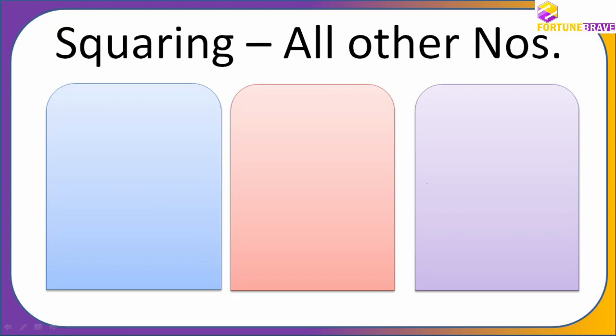So till now, what have we learned? I am going to write it here. Unit digit 5. Then we learned the 50 base method, less than 50 and more than 50 both. Then we learned the 100 base method.